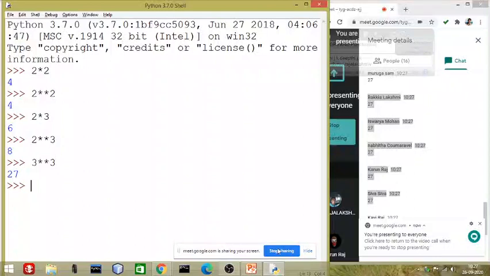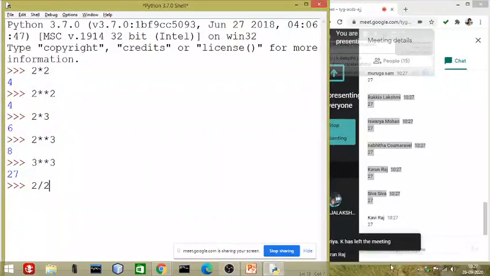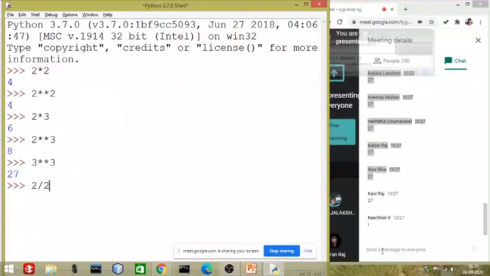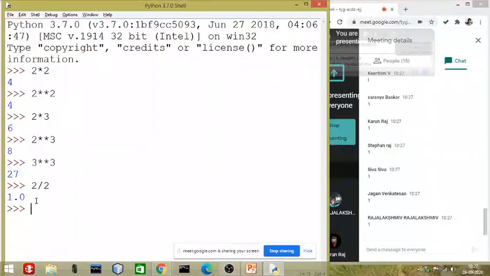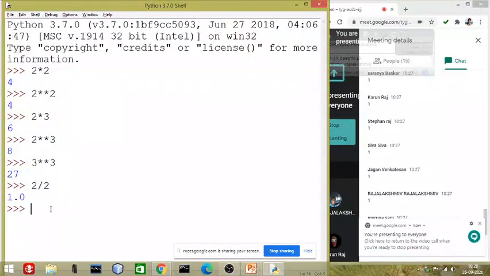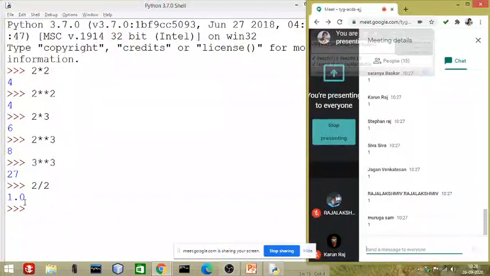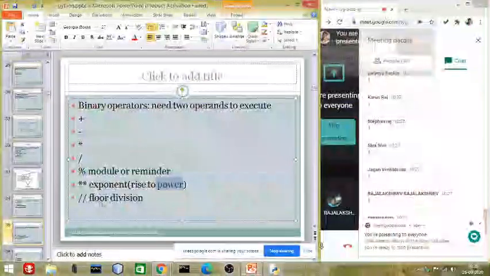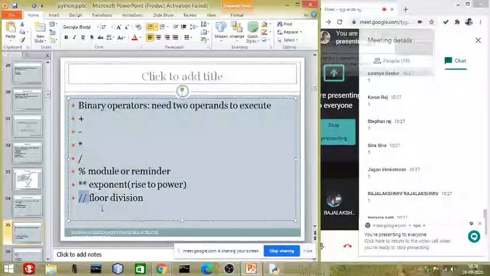Now, if I write 2 divided by 2, what answer will come? We are talking about operators only. Yes, the answer will be 1 only. Clear? But what will happen if I write it here with double slash? This type of operator is called floor division, right?